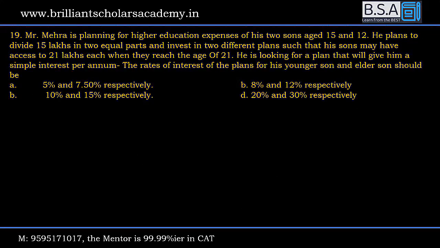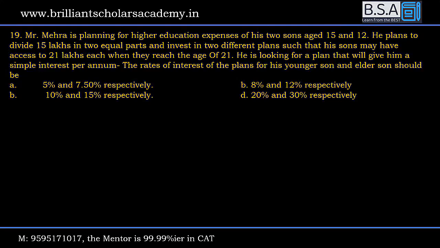Mr. Mehra is planning for higher education expenses for his 2 sons aged 15 and 21. He plans to divide 15 lakh in two equal parts and invest in two different plans such that his sons may have access to 21 lakh rupees each when they reach the age of 21.